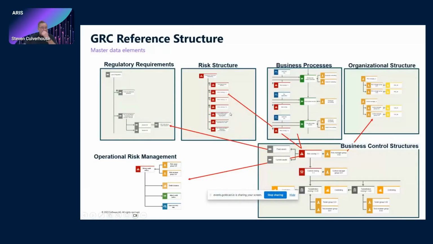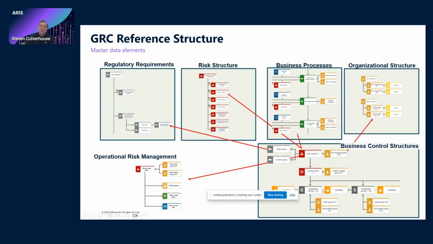So modeling data, again, quickly on this one, your principal model is your business controls diagram. And in this model, you can represent your risk. You can say, well, what control or controls, because there might be multiple controls, help mitigate this risk. So in this case, there's one risk, it's only got one control.